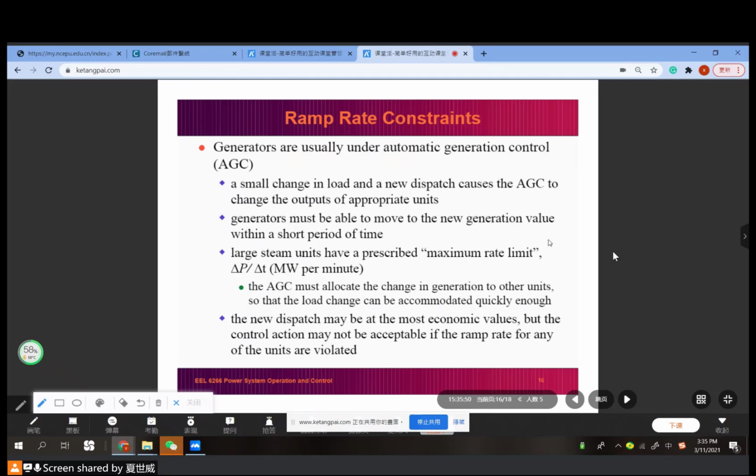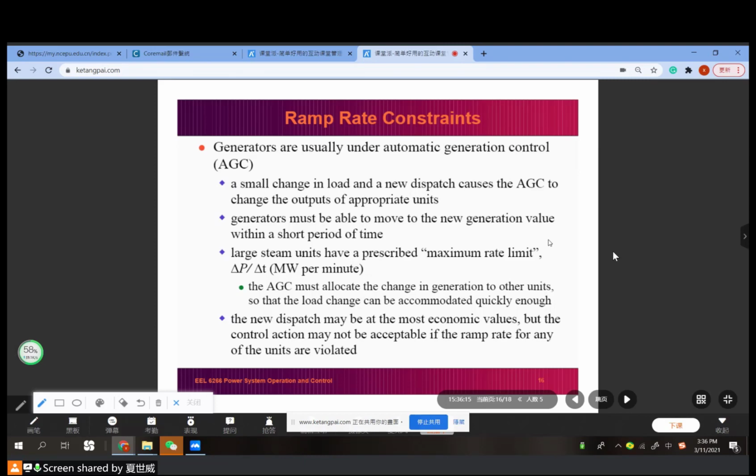Okay, let's continue. For economic dispatch, we didn't consider the ramp rate constraints. Actually, in practice, the generators have some ramp up or ramp down limits. So that's the ramp rate constraints. Generators are usually under automatic generator control.